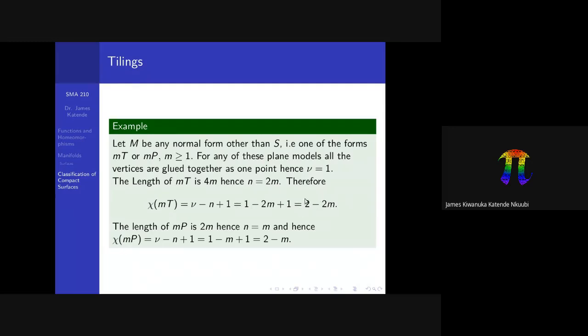Then the Euler characteristic will be 2 minus 2M. Remember, we are working with values of M greater than or equal to 1. Though it still works for the case of the sphere, M will be 0, so you will still get 2. So it still works for empty. Here it doesn't make sense to get 0P.